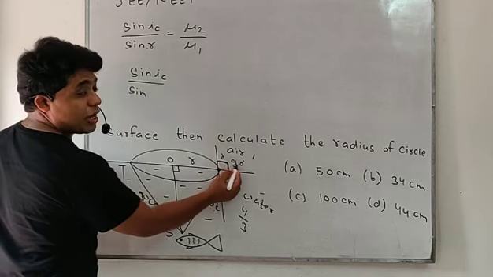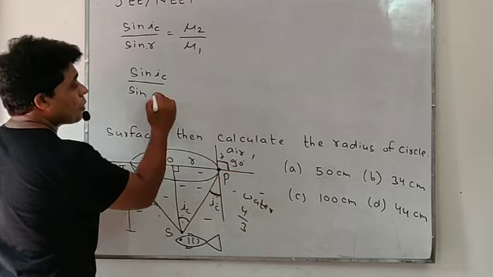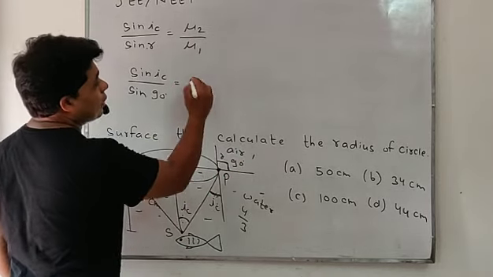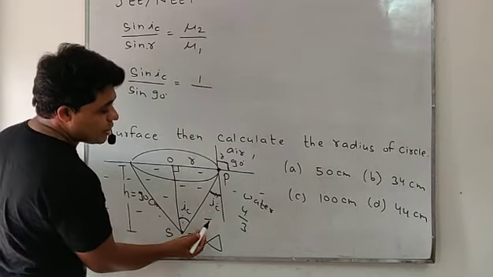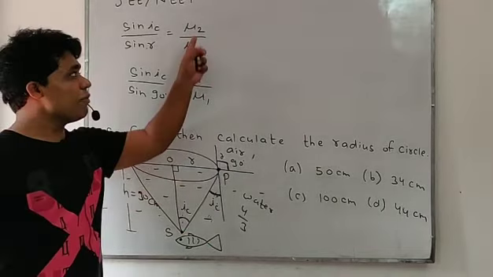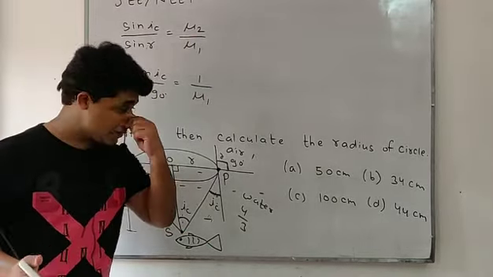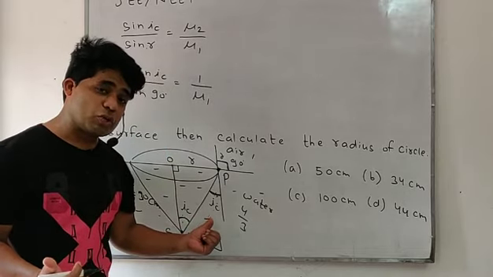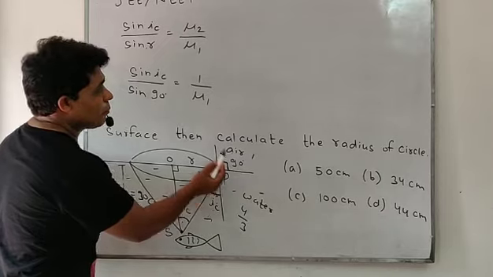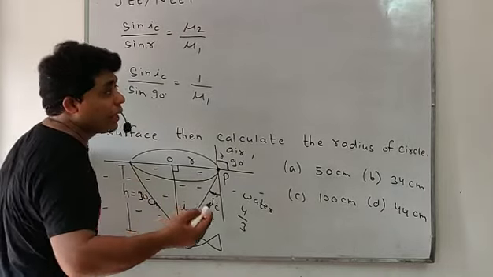Angle of refraction we are given is 90 in rare medium. So this is 90. Mu2 is the refractive index of air, that is 1, and mu1 is the refractive index of water. Understood students? When refraction angle is 90, incident angle is said to be critical angle.